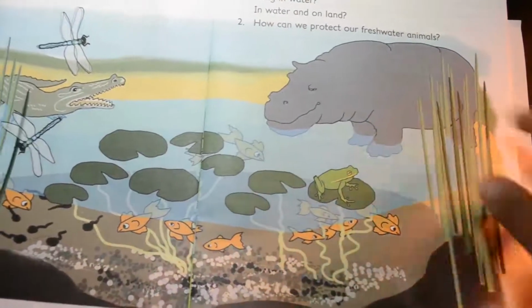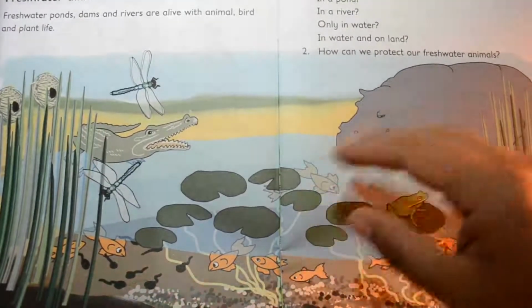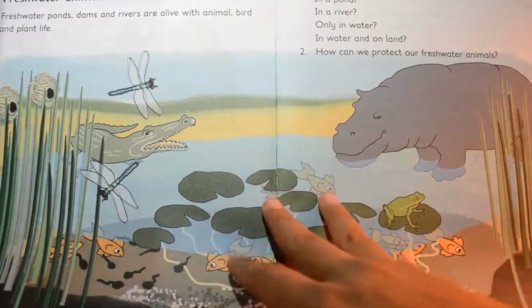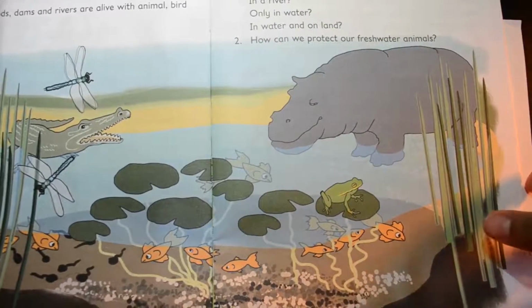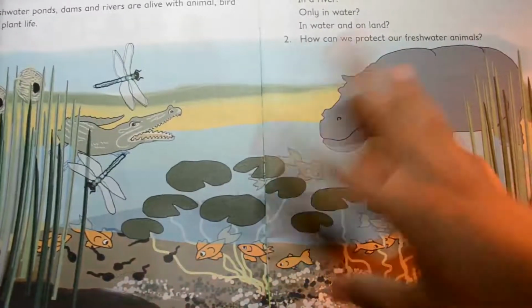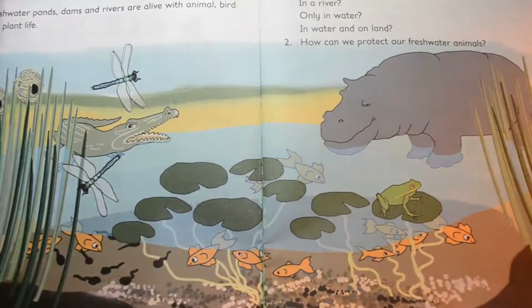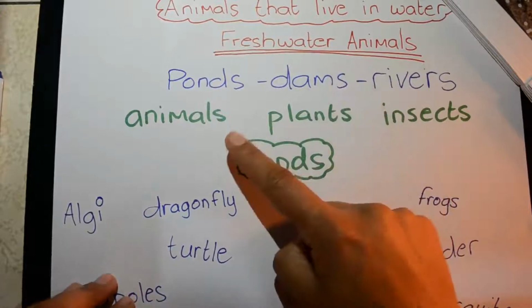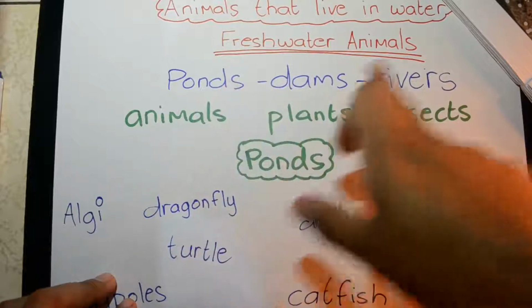Some of these animals live in the water, and some live on the land, but they stay close to the water so that they can drink water and eat some plants, which is their food. Some animals can live in both water and on land. So, animals that live in freshwater are found in ponds, dams, rivers, and lakes.